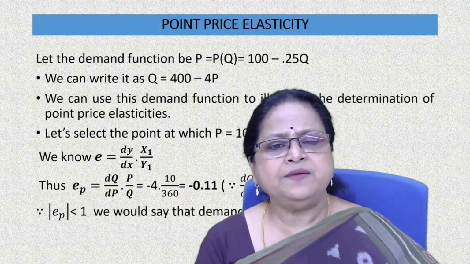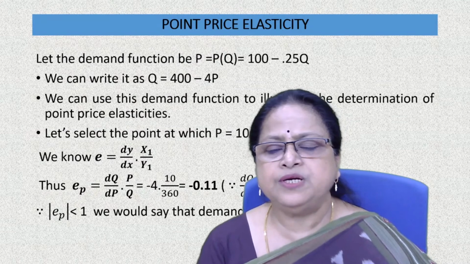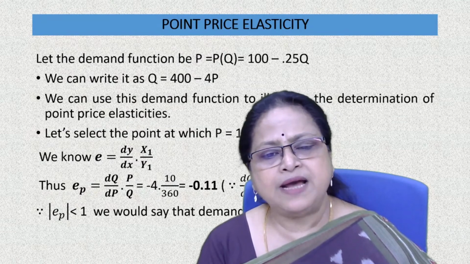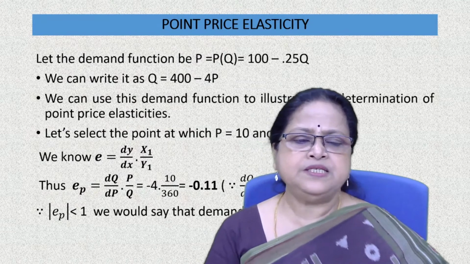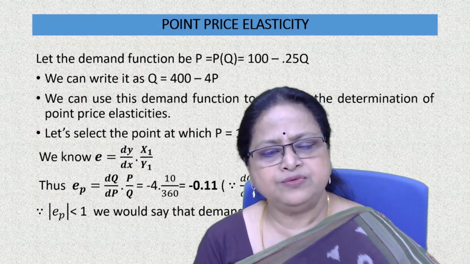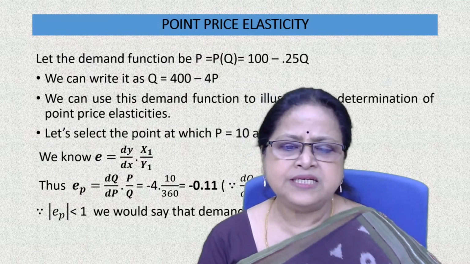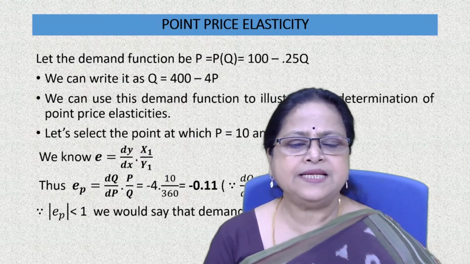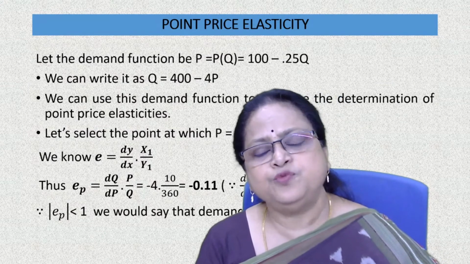Now dq by dp is the derivative of 400 minus 4p with respect to p, which is equal to minus 4. And now multiply that with p by q, where P is equal to 10 and Q is equal to 360. So when price is equal to 10, our elasticity is equal to 0.11. That is less than 1. So point price elasticity is less than 1 when the price is rupees 10.